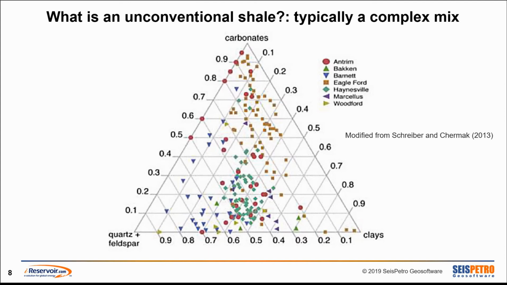We see large variations between different plays, and we see variations in composition even within the same play. But in many instances, we don't have enough logs to solve for the different minerals that might be present in the rock. So let's examine the case, for instance, of the Bakken play in a little bit more detail.